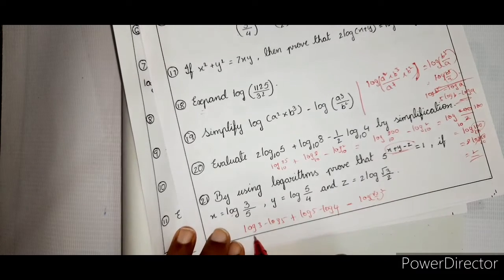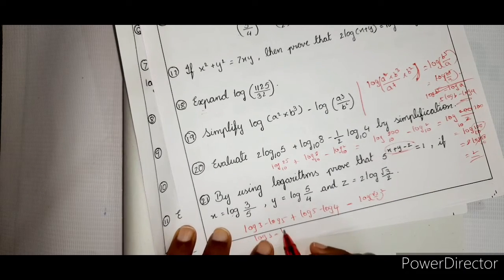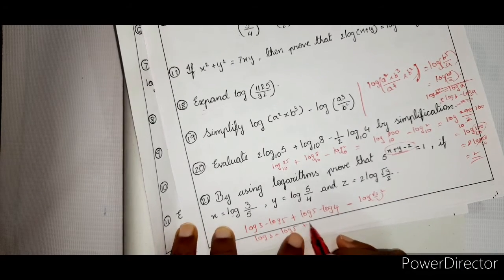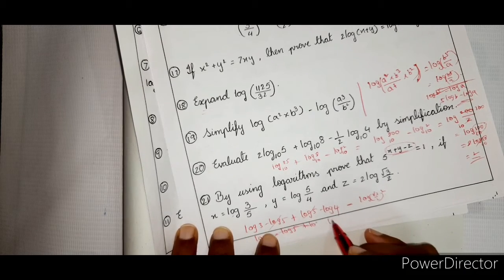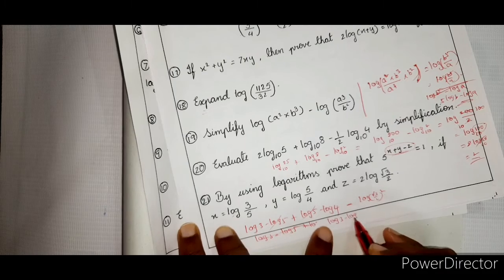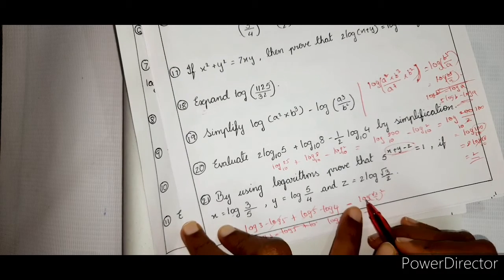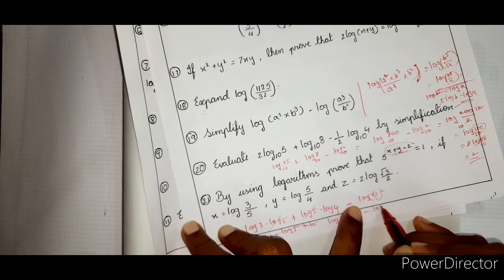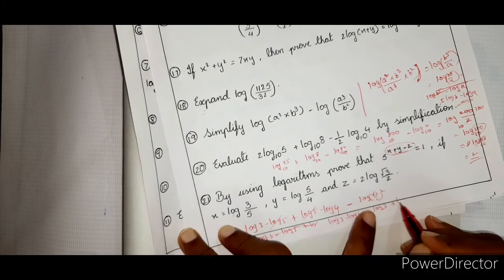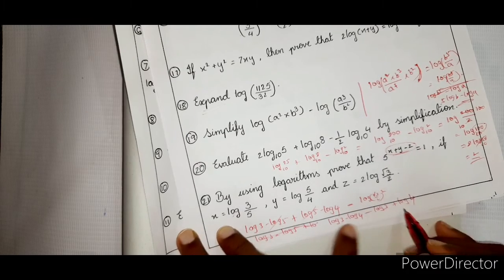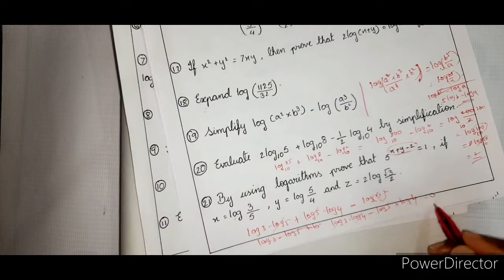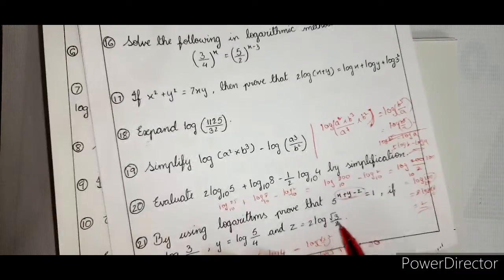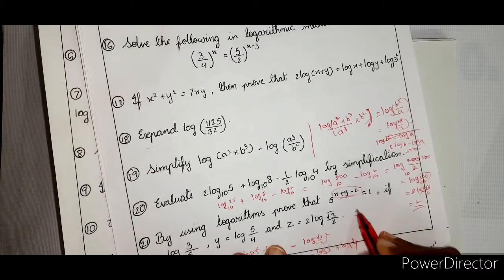So therefore this is log 3 minus log 5 plus log 5, got cancelled, no need to write so much. Log 3 minus log 4, now minus log root 3 whole square is log 3, and minus of minus, plus log 2 square is log 4. Log 4, log 4, log 3 minus log 3, so the whole thing is 0. So now we got x plus y minus z is equal to 0.